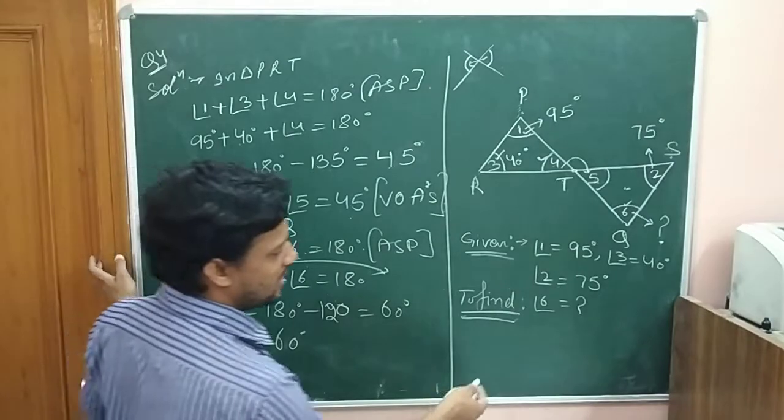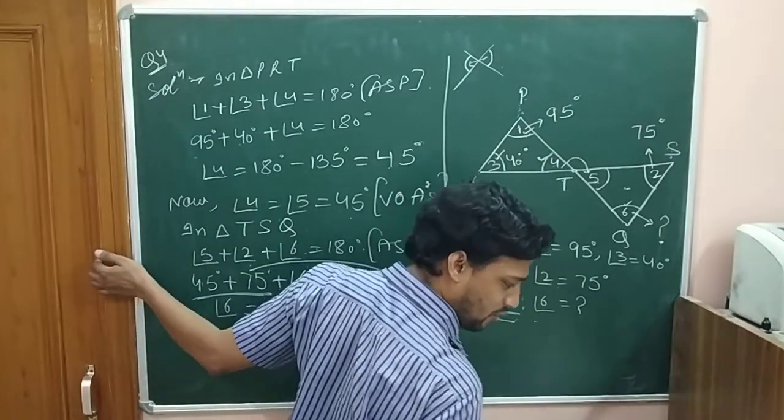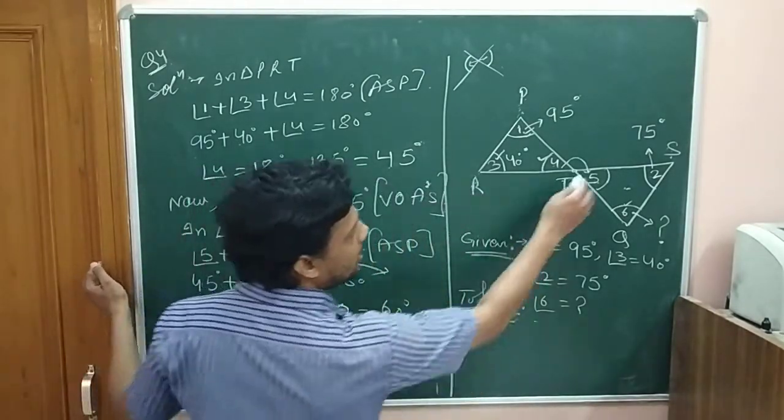At last, please write it in alphabets. What you have to find? You have to find SQT.